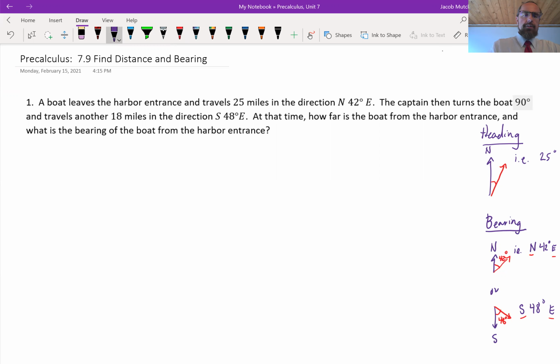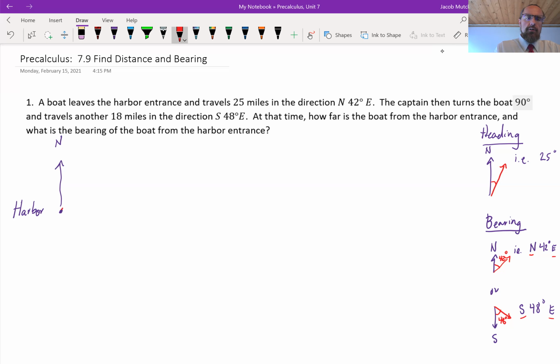So we'll start here. Let's find our boat harbor, and we'll set that here. Initially, the boat is going to travel 25 miles in the direction north 42 degrees east. So to find that direction, I will place due north. Then this is about 45 degrees, a little less than that.